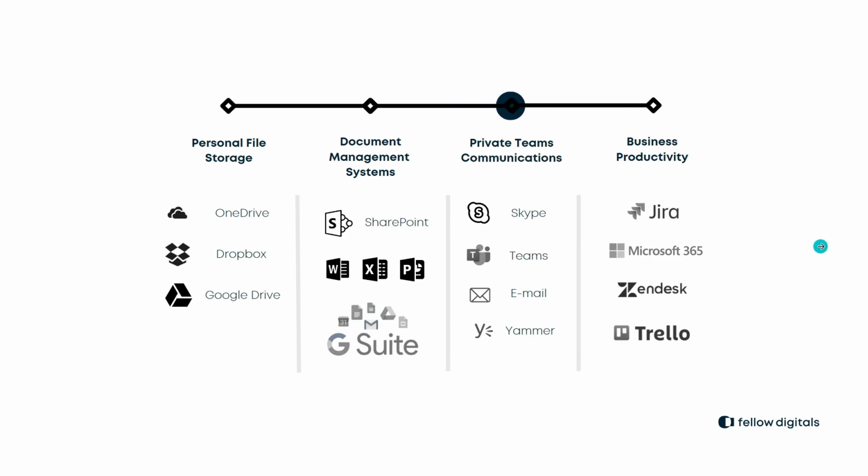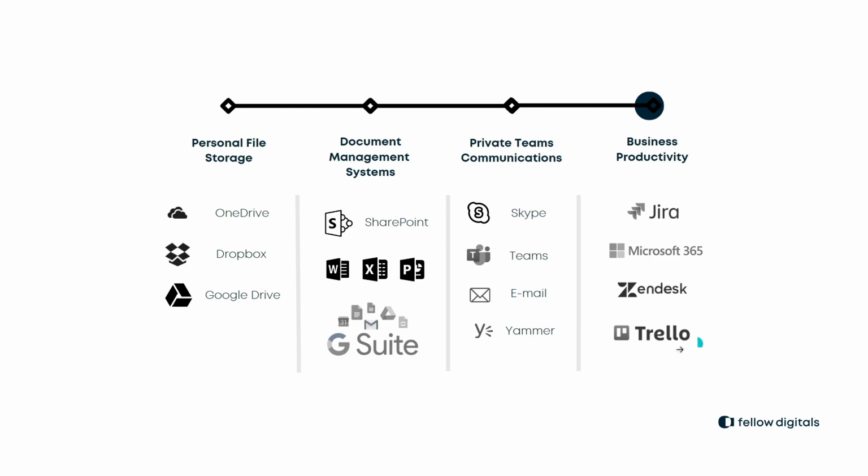Up next, we have a lot of normally private small group communications within organizations, and here we look at tools like Microsoft Teams, Skype, Slack, and yes, even the good old email. Last but not least, we have business productivity tools, and here we talk about platforms like Salesforce or Jira that keep your business ticking in a way.